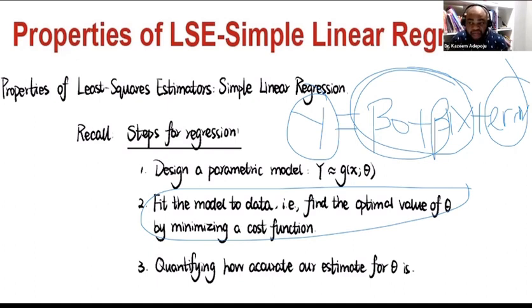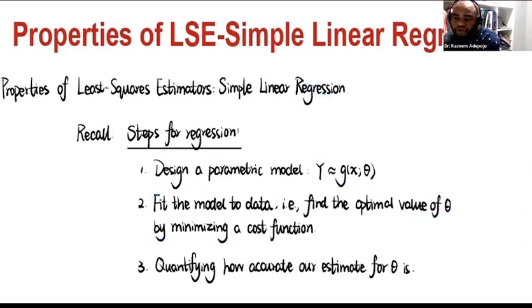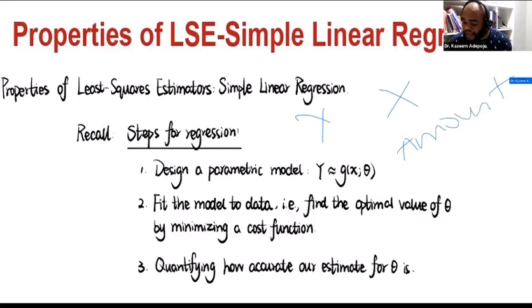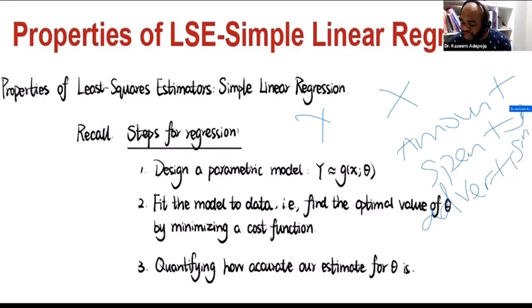And you know what, no matter how we minimize the unexplained variation, of course, the error is not going to be equal to zero. And what I mean by the error here, if I'm looking at the relationship between Y and X, let's say X is amount spent on advertising, and Y is revenue.